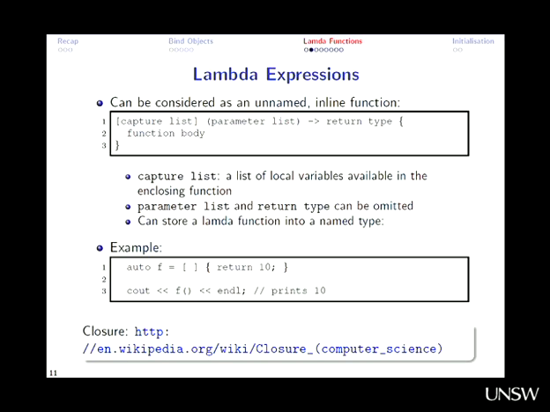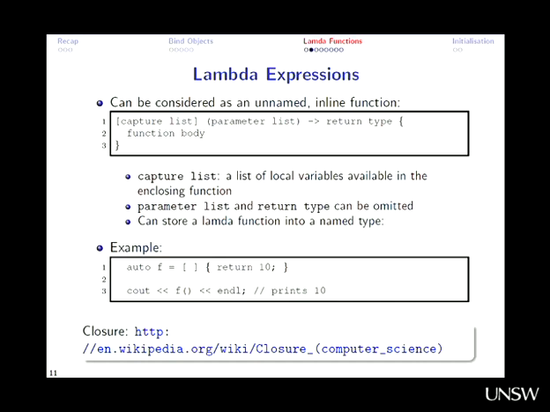So with our function objects that we've seen before, we couldn't really include local variables into there unless we pass them in as parameters or pass them in as constructors into those function objects. Here we can just say these are the things that we want available within this function.